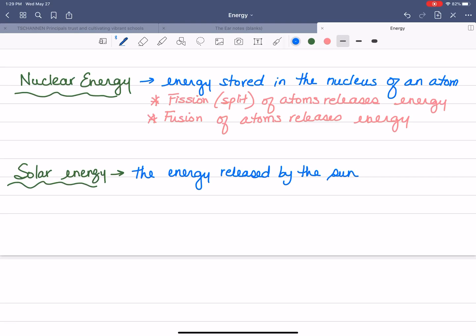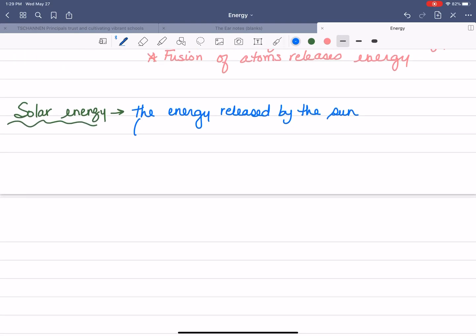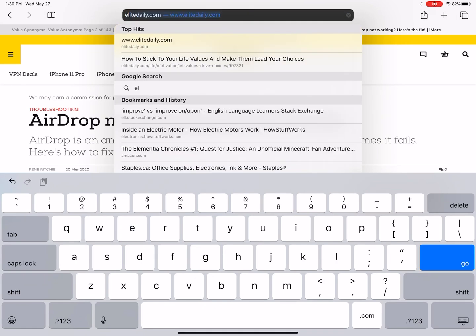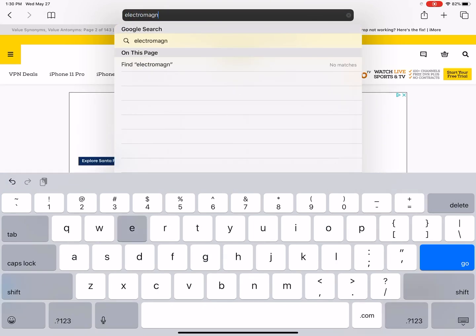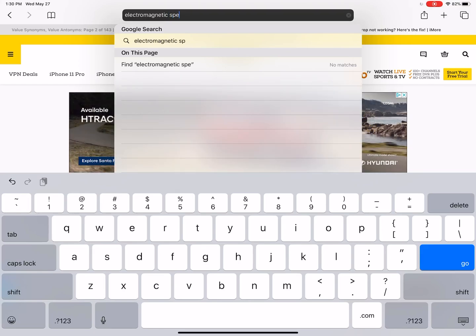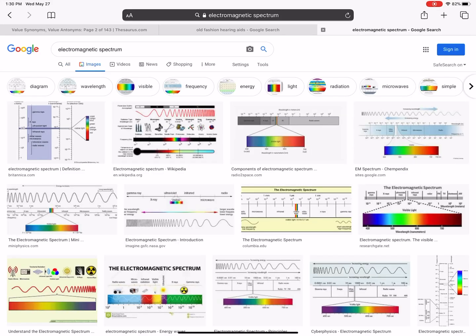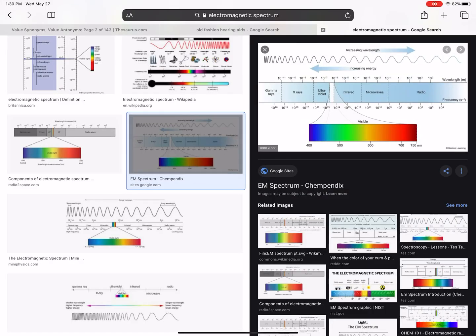And obviously, that energy is way too powerful for us to have directly. And so what we do get from the sun, what we do benefit from, is the one that we get from the electromagnetic spectrum. So if we were to go electromagnetic, you probably recognize the electromagnetic spectrum right here.